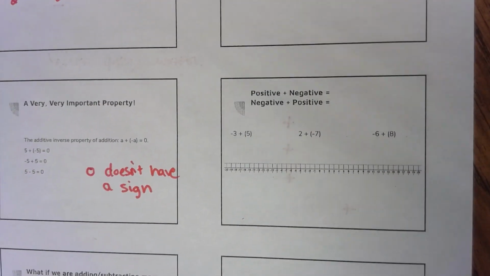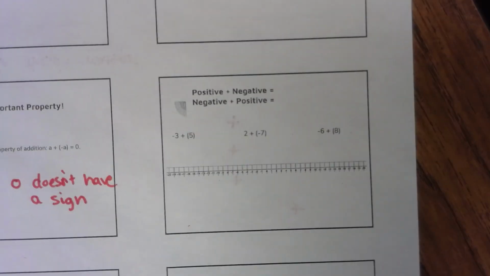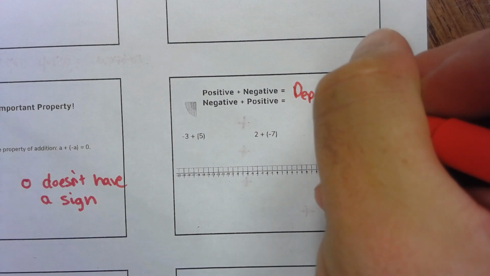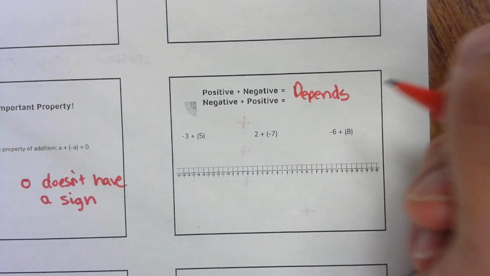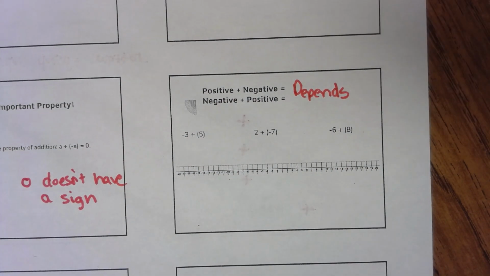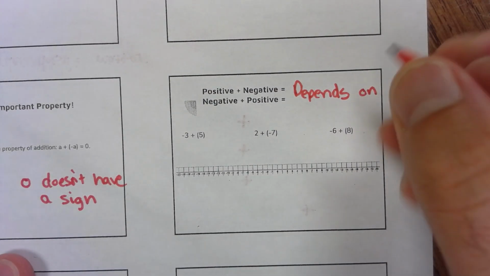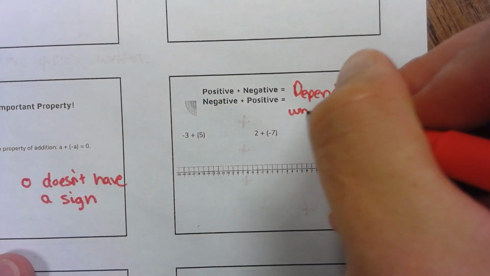Once we start mixing positives and negatives, let's write that it depends. It depends on what's bigger, the positive or negative number. So it depends on which is bigger.